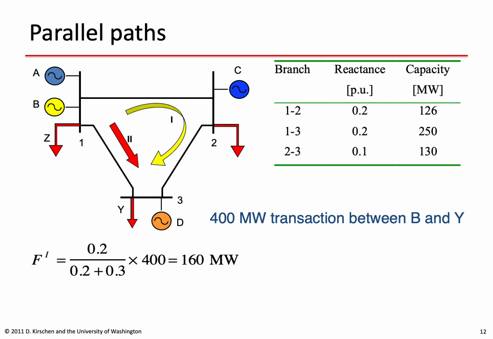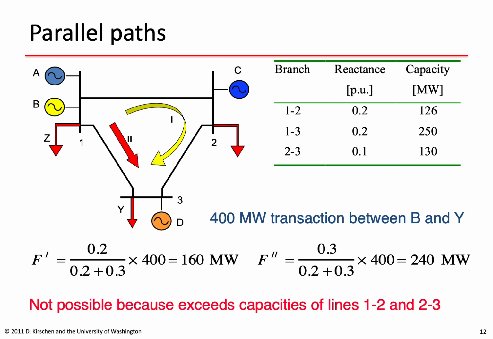So we multiply 400 megawatts by 0.2 over 0.2 plus 0.3, and that gives us 160 megawatts. Similarly, we can calculate the flow that goes along path 2, which is given by 400 megawatts times the ratio of 0.3, the reactance of path 1, divided by 0.2 plus 0.3, which is the sum of the reactances of the paths 1 and 2. And that gives us 240 megawatts.